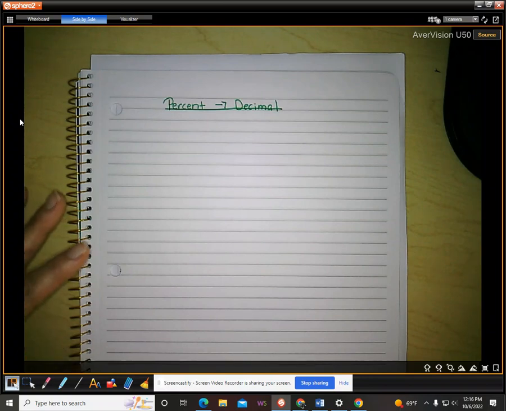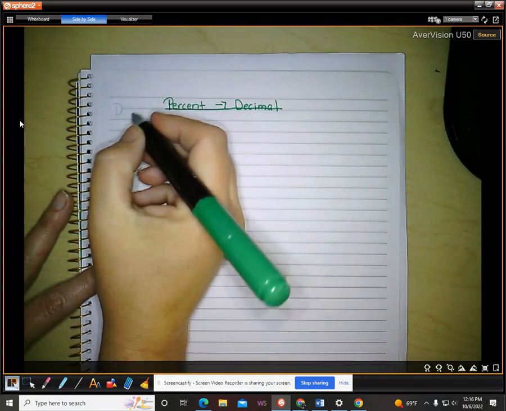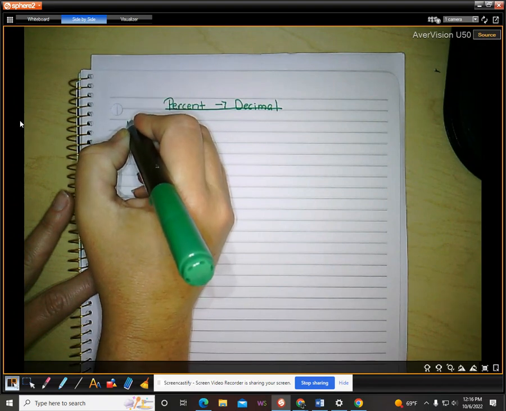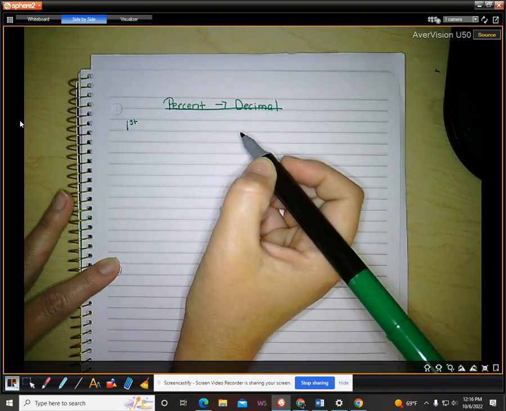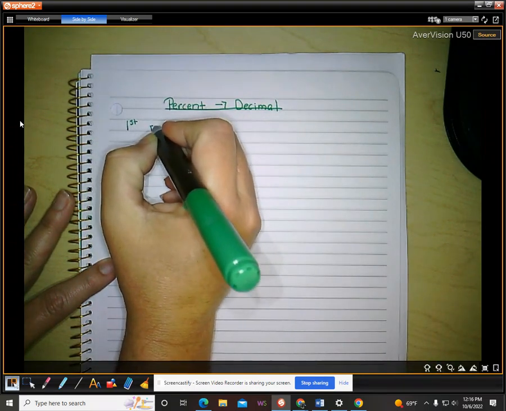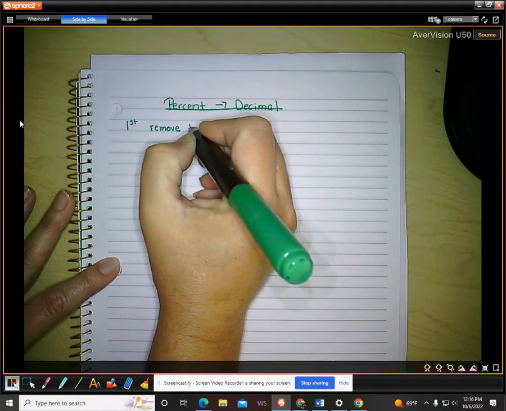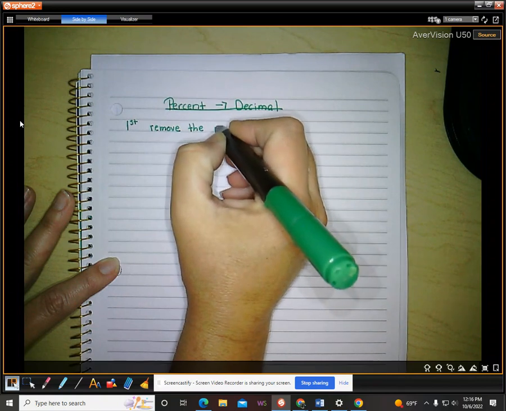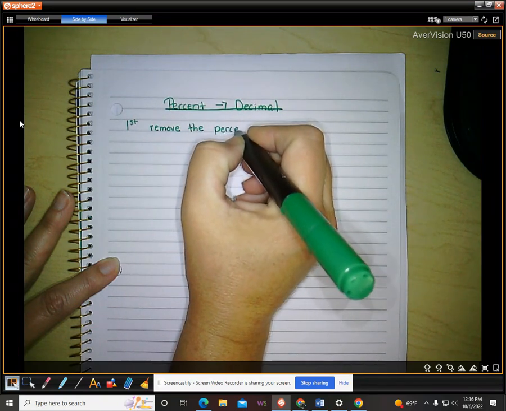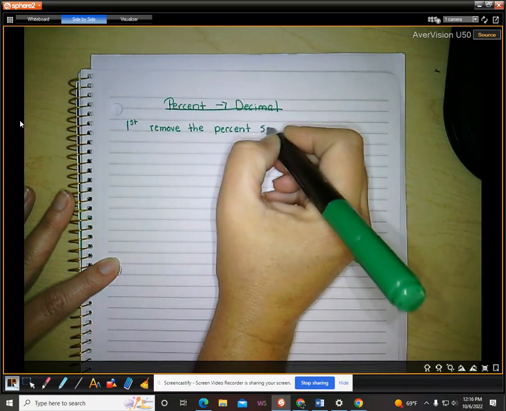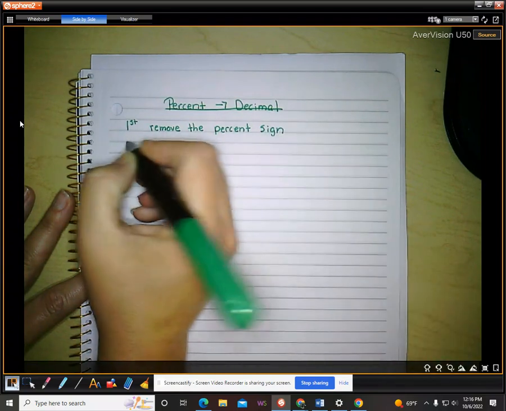All right, so for those of you that maybe don't have your notes, when you're changing a percent to a decimal, the first thing you have to do is remove the percent sign, I'm sorry, because it's not going to be a percent anymore, it's going to be a decimal.